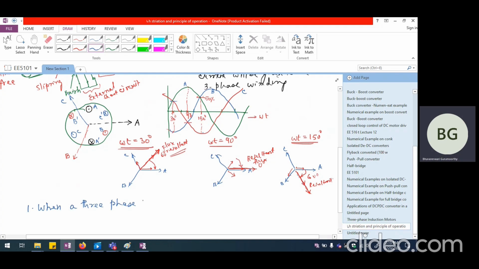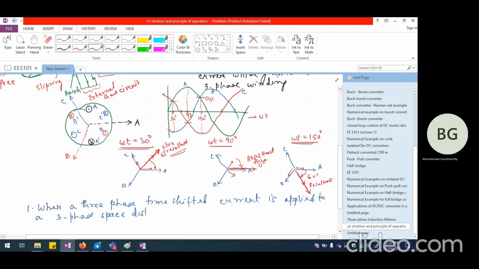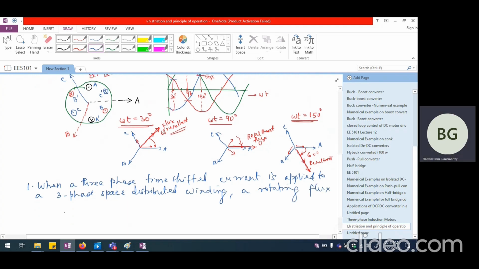So the fact of the matter is, when a three-phase time distributed or time shifted current is applied to a three-phase space distributed winding, a rotating or revolving flux is created in the inner side of the stator cylinder.